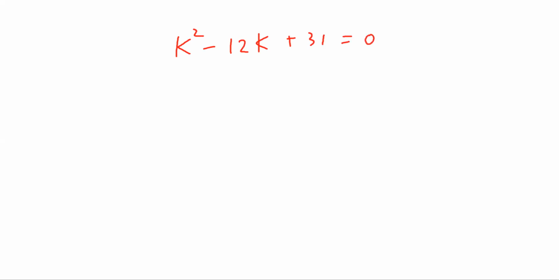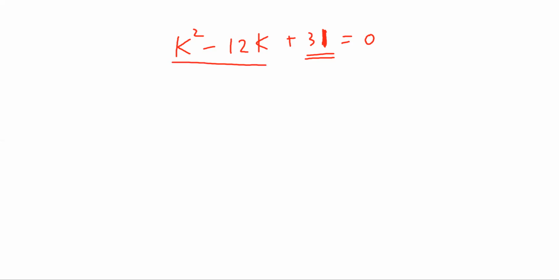All right, so see this one. How will I get the solution? 31, this is a prime number, right? This prime number is not easy to factor, right? 1 times 31 definitely is not equal to -12, so it's not easy to factor. So we have to use the perfect square method, right?